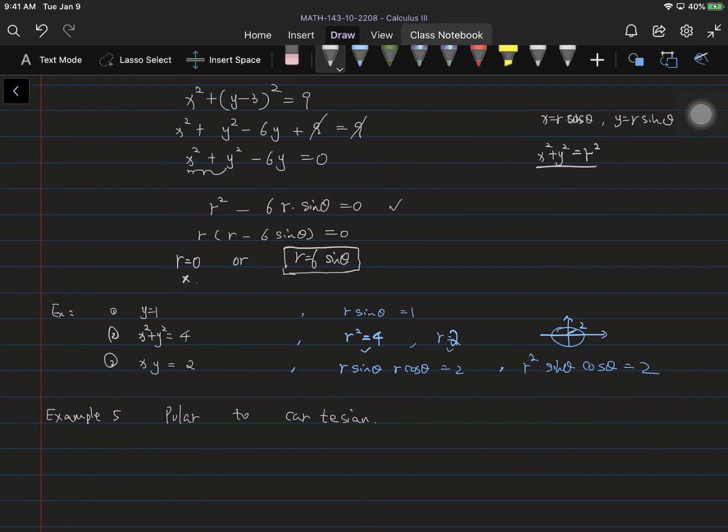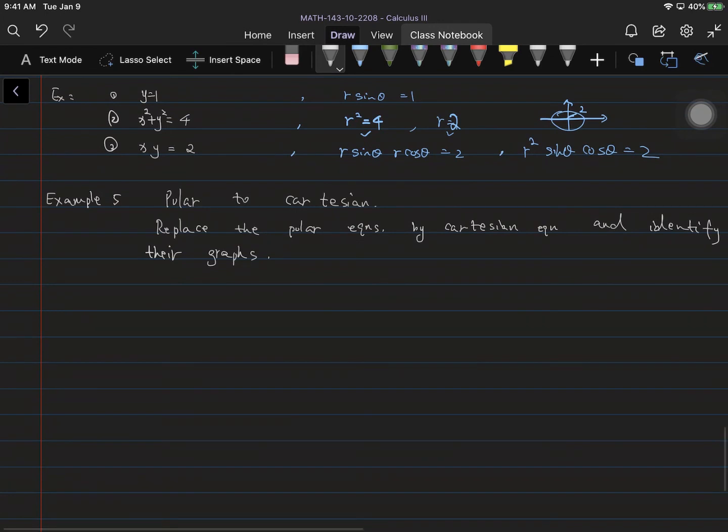So replace the following polar equations by equivalent Cartesian equations and identify their graphs. Okay, two questions kind of. Firstly, find the Cartesian equation and then draw the graph.